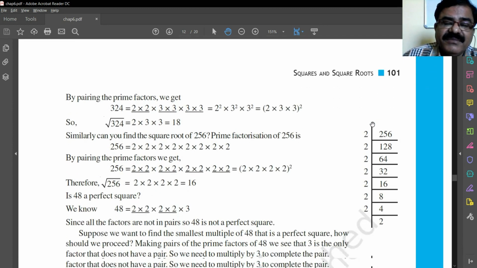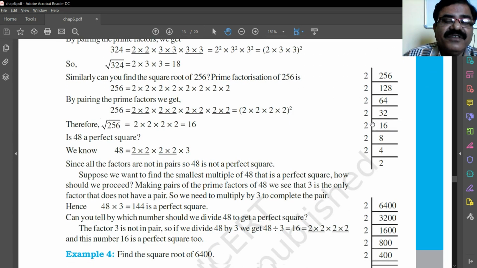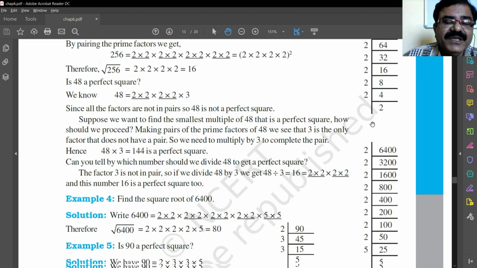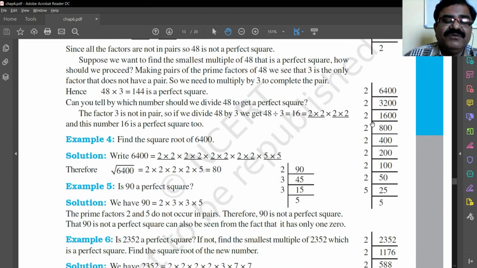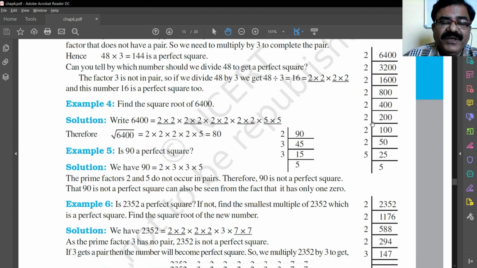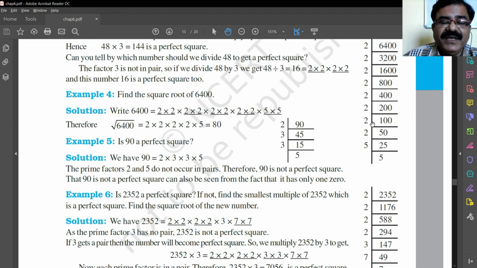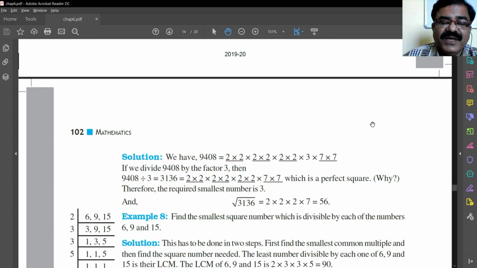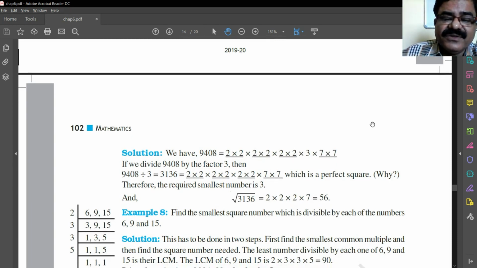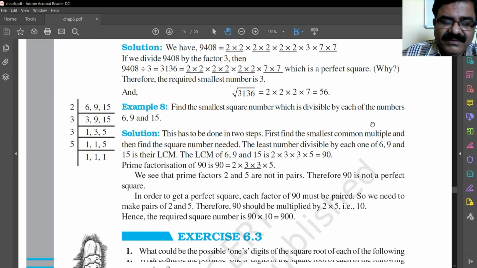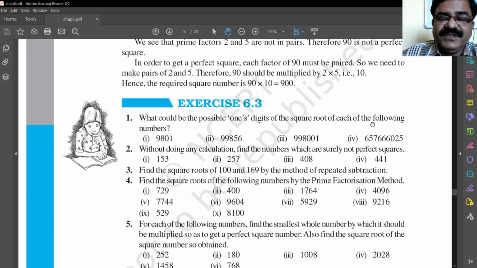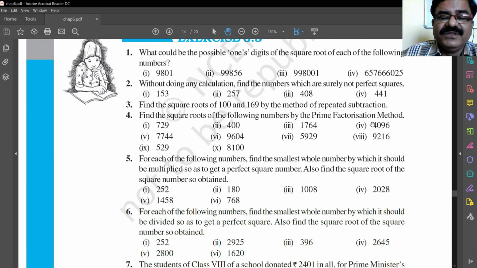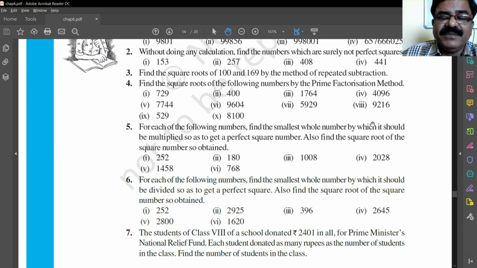The factorization method is a very general form, and by these methods we can find which factor is not in a pair, and if the number is multiplied by that number we can obtain a perfect square. Or any number can be divided by a given number so that it becomes a perfect square. So there are two ways, multiplication and division, by which any number can be made a perfect square.